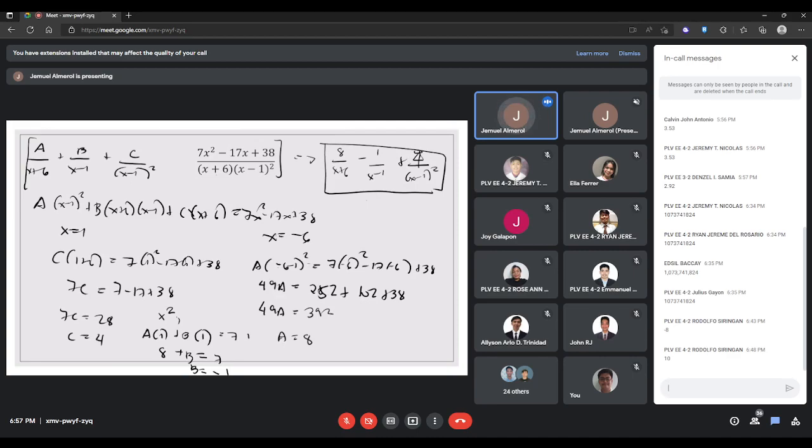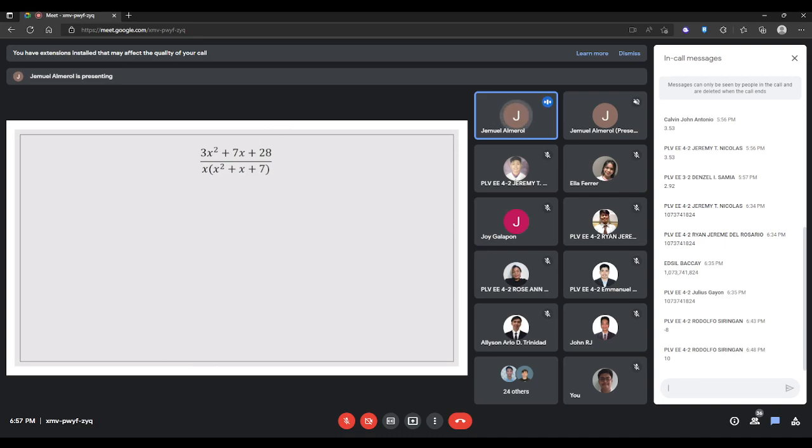Okay, let's proceed. Okay, this is under case 3 because if you'll notice, may distinct, may irreducible. Okay. So, gawin natin, since irreducible to pero naka second degree, unahin muna natin A over X, no? Tapos, BX plus C over yung irreducible, X squared plus X plus 7.